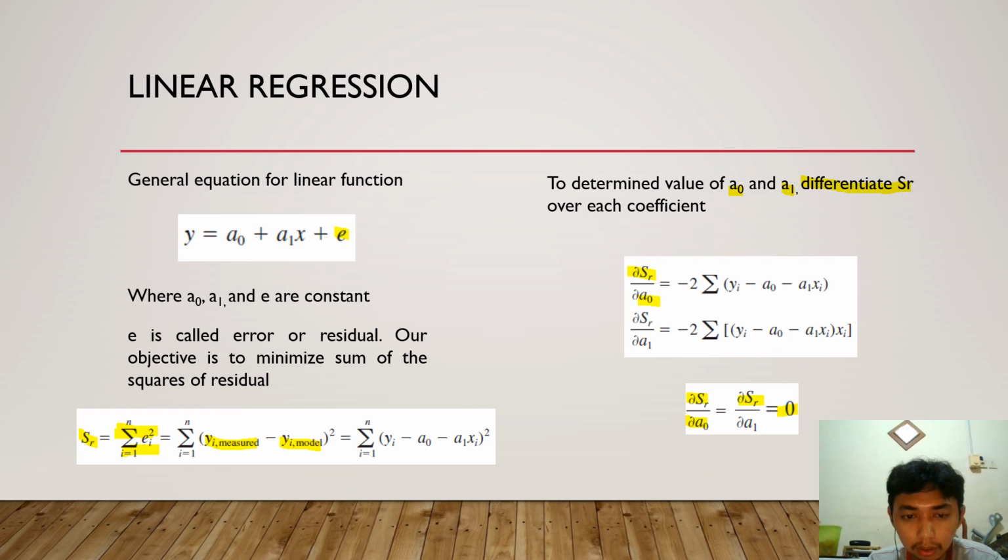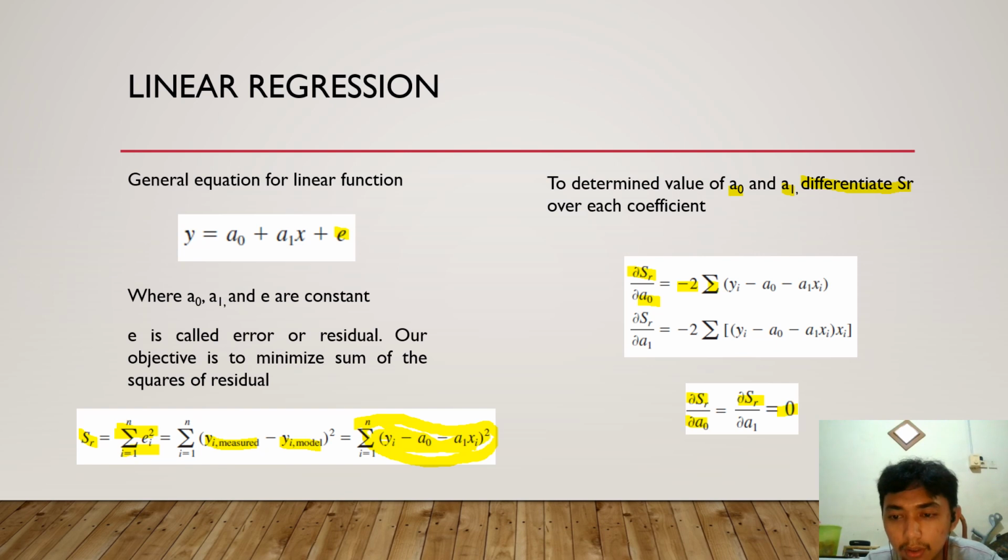Okay, in this equation, we differentiate by a0, then we obtain minus 2 times sigma of yi minus a0 minus a1 xi.